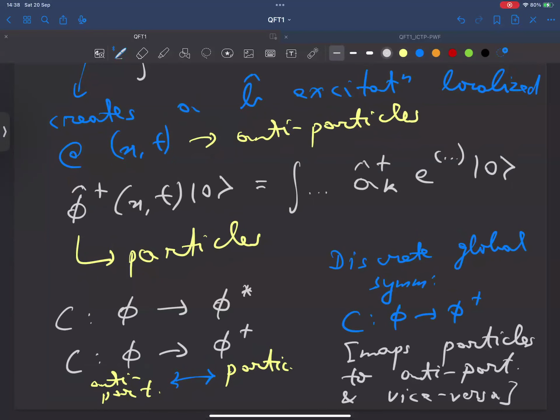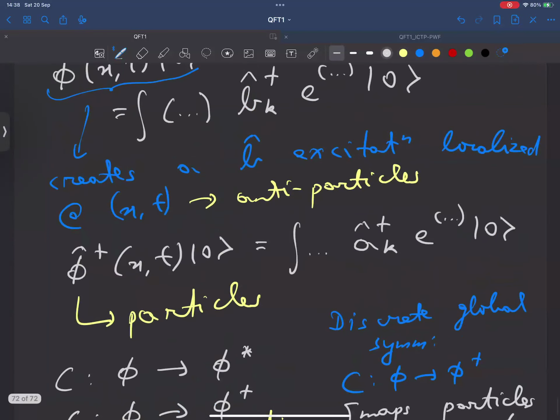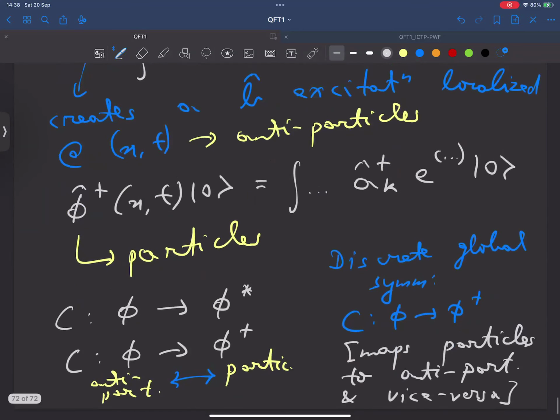What we defined as antiparticles, the excitations from the oscillators B, are mapped to the excitations by the oscillators of A. This is indeed the swap of phi to phi dagger, so that's another way to understand the particle-antiparticle construction: they're mapped to each other under this discrete transformation.